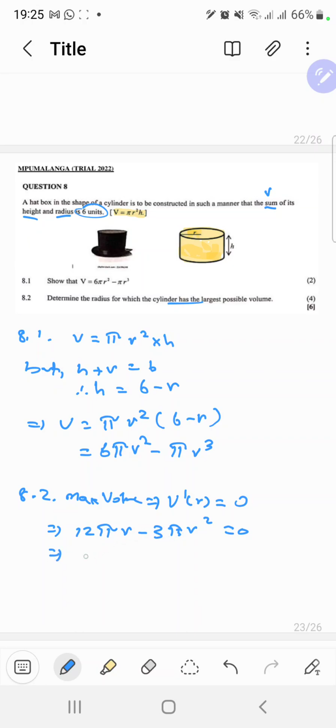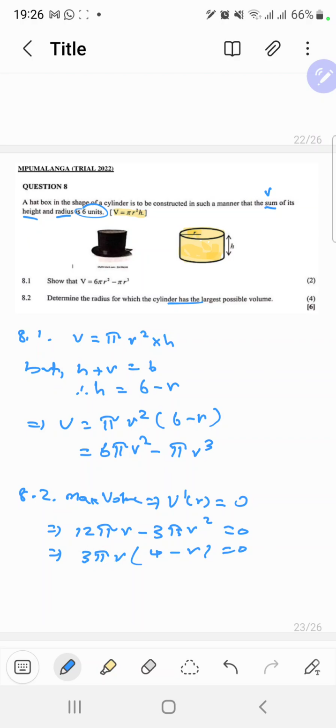So what can go in here is 3 pi r. What we remain with here is 4, because 3 times 4 is 12 pi r, minus, and then here we took out 3 pi r, so we remain with r equal to 0.